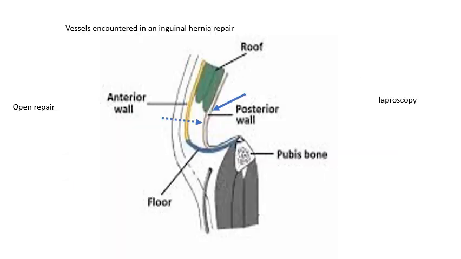So, vessels encountered in an inguinal hernia repair. Unless I show you a sagittal section of the inguinal canal, you cannot remember the vessels that you will encounter. When you do an open repair, you're going to encounter vessels in the various layers of the wall.